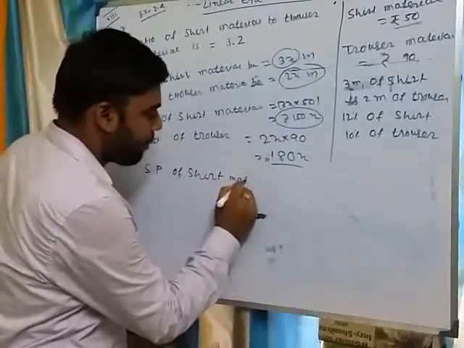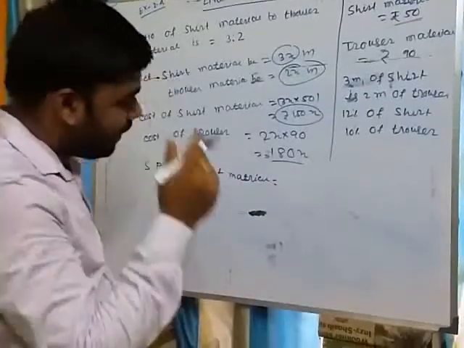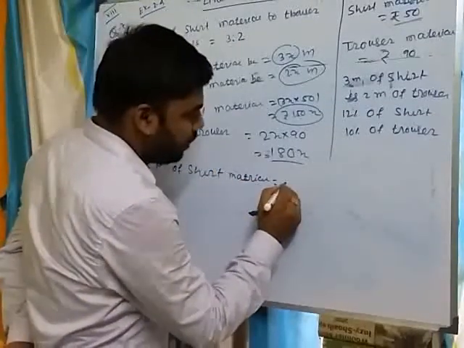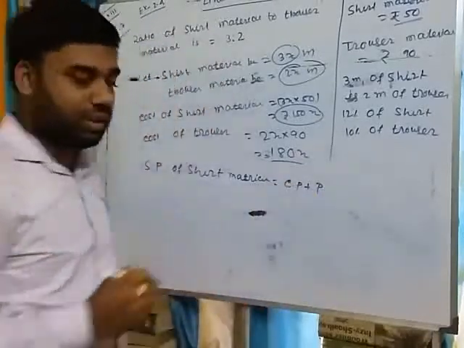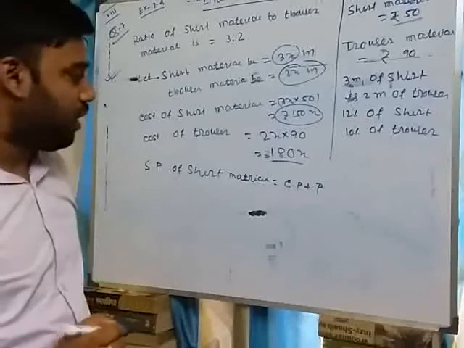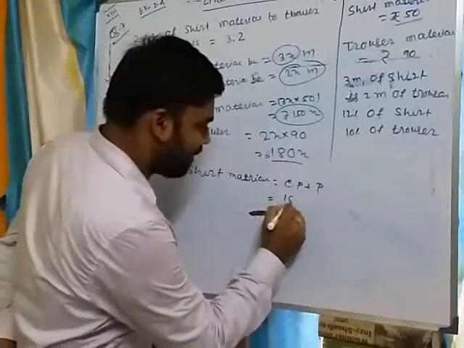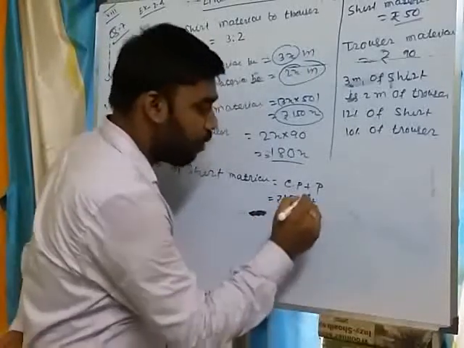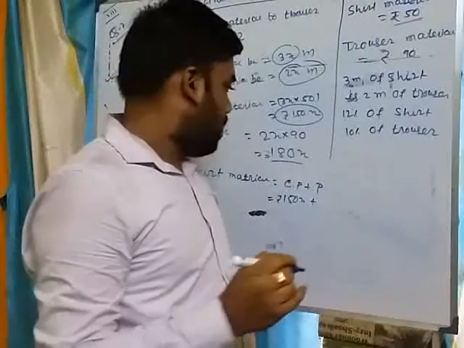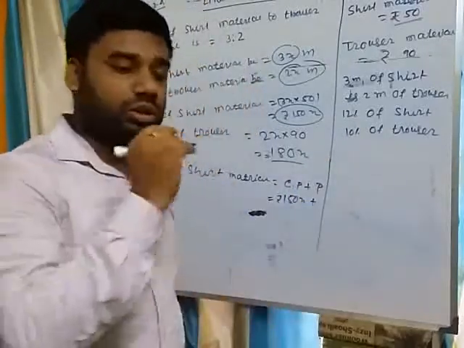Selling price of anything means cost price plus profit. Okay, that is the selling price. Now the selling price of shirt is rupees 150x plus profit. Now students, profit is always calculated on cost price.